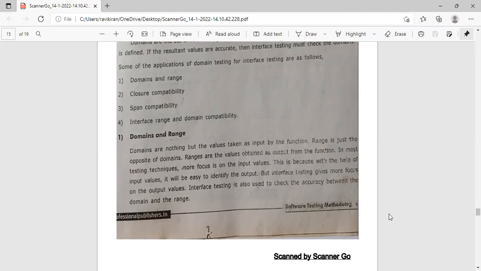But interface testing gives more focus on the output values. Interface testing is also used to check the accuracy between the domain and the range.